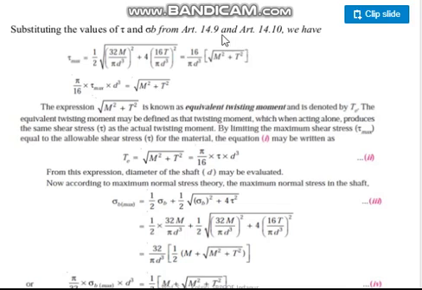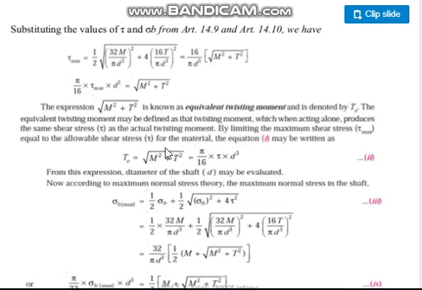This term, square root of M square plus T square, is known as the equivalent twisting moment, denoted by T suffix E. The equivalent twisting moment is defined as the twisting moment which, when acting alone, produces the same shear stress as the actual twisting moment and the bending moment combined.